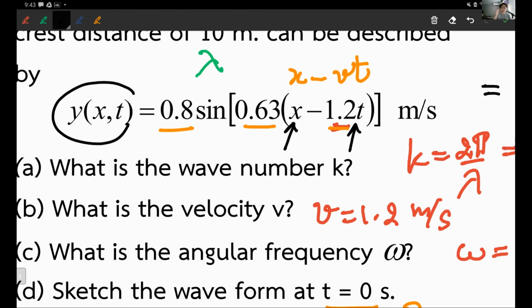That number gives you the displacement. And because we are focusing on the transverse wave, it's going to be a vertical displacement. That is the reason why we put the y variable in there, just to clarify that this is the y direction, vertical direction.